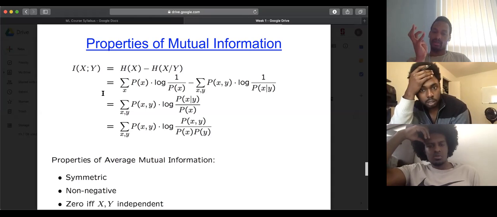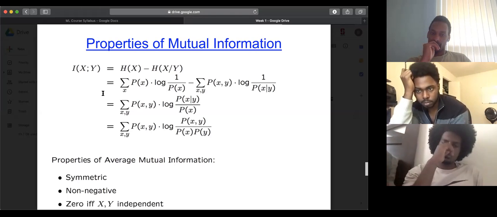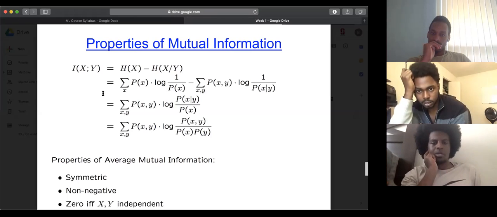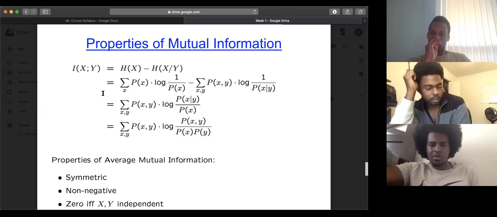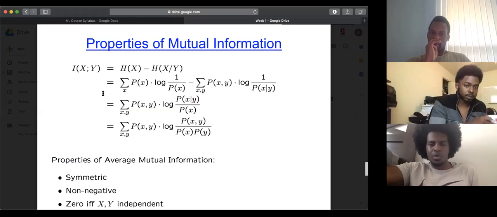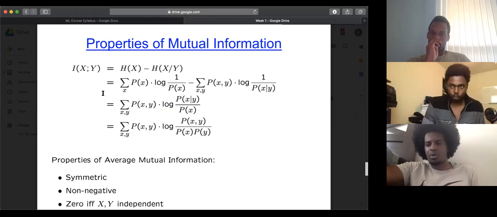But the summation, the way we got rid of the summation of p of x, it might actually be some mathematical magic. I think the understanding is that because you're doing the joint distribution of x comma y, you already go over all x's as a part of that sum.